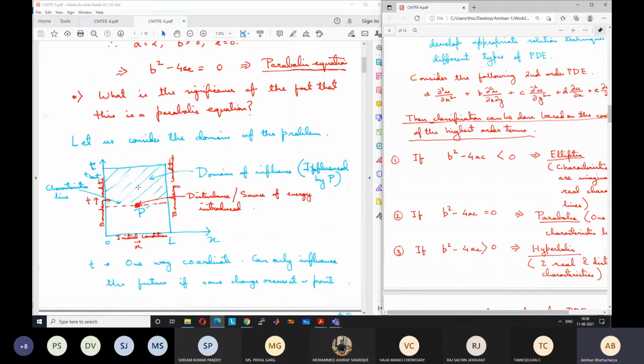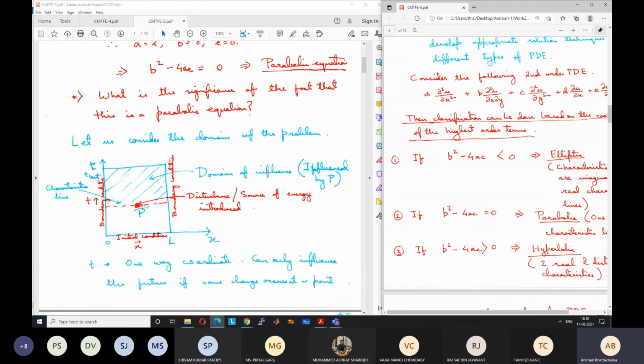It will take some time to do that. However, it is trivial to us based on common sense that this temperature cannot influence any information in the past. This new disturbance cannot change anything which has occurred in the past.